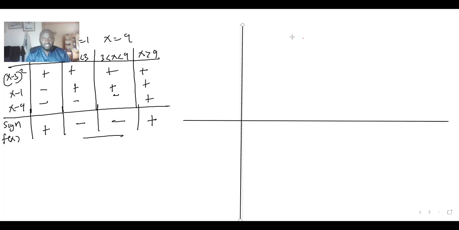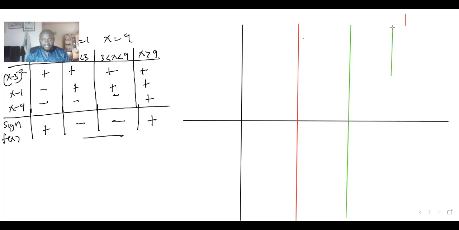So the first one is between 0 and 1. Between 1 and 3. Between 3 and 9, let me have it here.